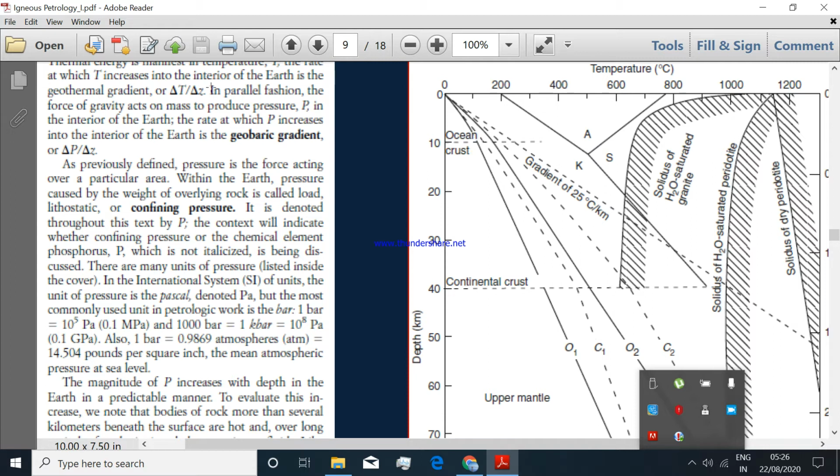From the basic connotations of thermodynamics, we know that the minimization of the Gibbs free energy of a bulk of rock depends upon the surrounding pressure, temperature, as well as the chemical potential of the substances. Now, if we try to find out the pressure and temperature at any given depth, we have to know the geothermal gradient.